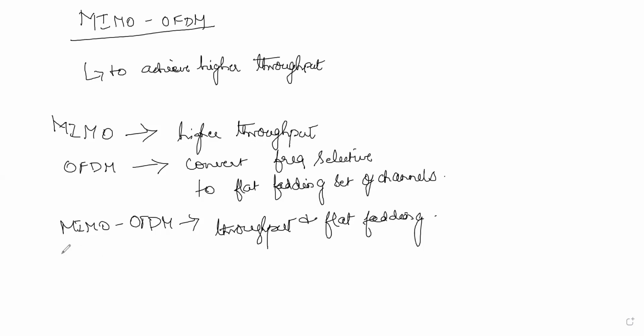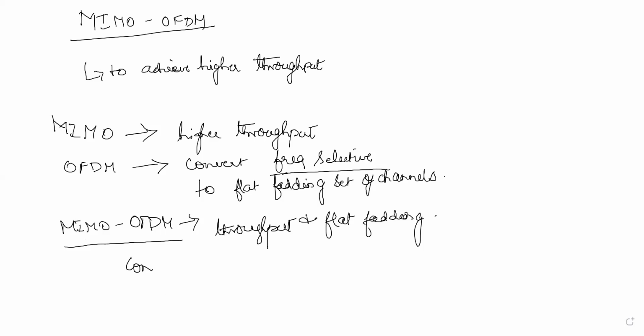MIMO channels are frequency selective in nature, so along with OFDM, the frequency selective MIMO channel gets converted into parallel flat fading MIMO channels.